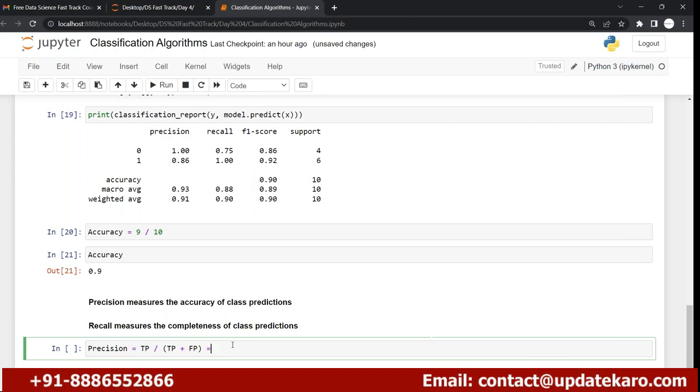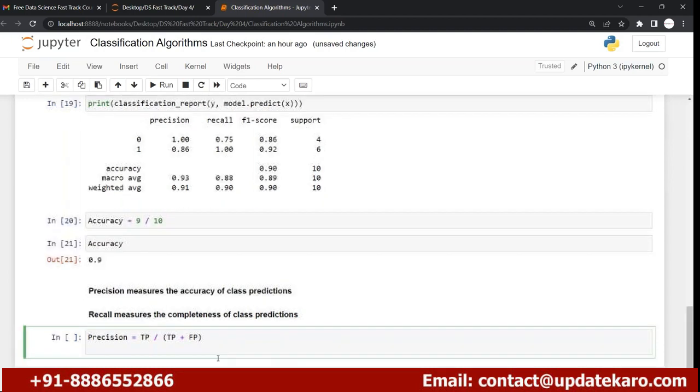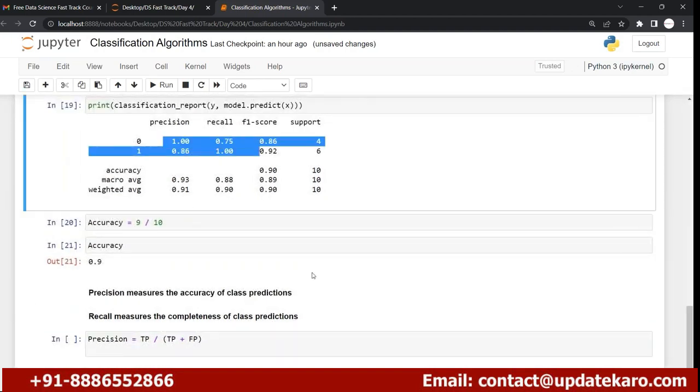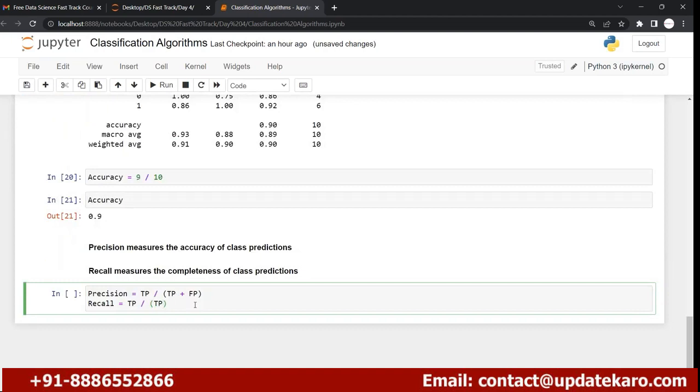Simply what I can do is write the formulas first, and then we'll do the calculation itself in Python, so we can cross check the formulas with these values. True positive plus false negative is there, right? So these are the two formulas for precision and recall. You can use them for your reference.